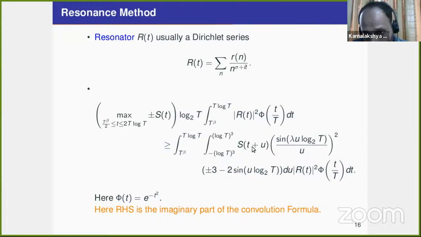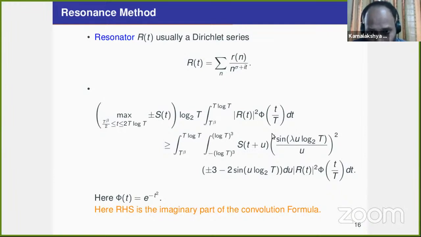We have S of t plus u, and this (sin u by u) squared function, and we have this kernel, integrated over u from minus 3 to minus 2 du, times R of t squared phi of t by t dt, and this phi is the Gaussian function, which is e power minus t squared. Okay, so how do we estimate this?